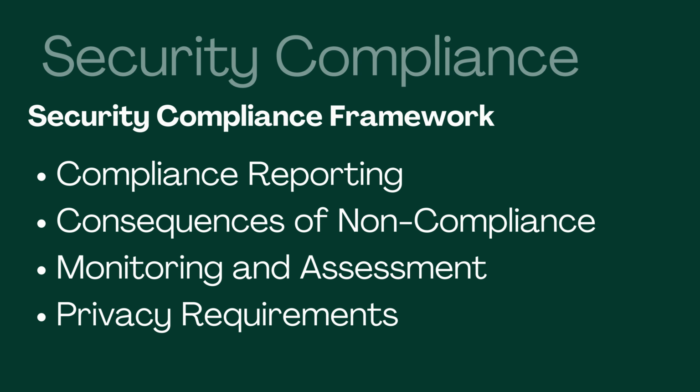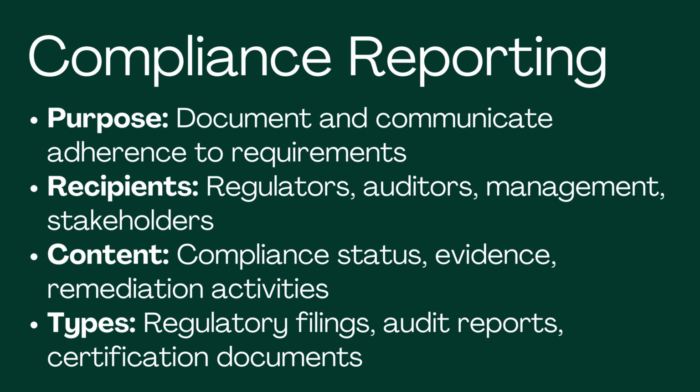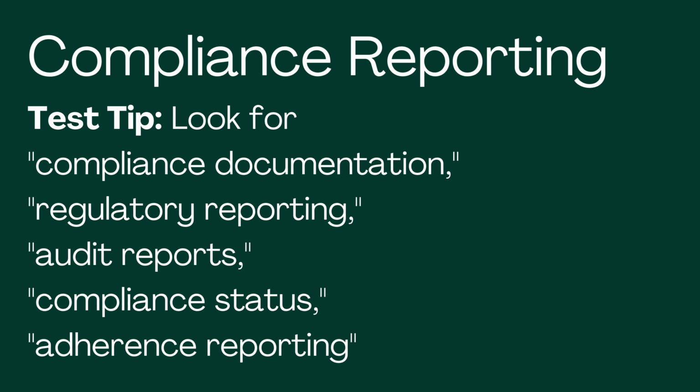In here we have compliance reporting, which involves documenting and communicating the organization's adherence to compliance requirements to relevant authorities and stakeholders. Adherence reporting, audit reports, compliance status, and so on alert you to the fact that you might be on a compliance reporting question or one that involves that.